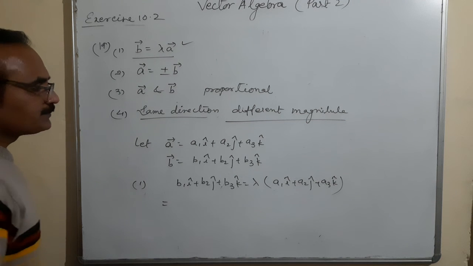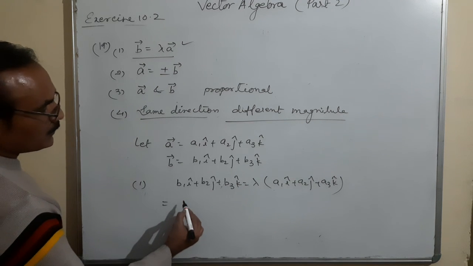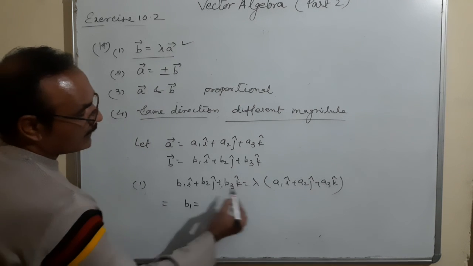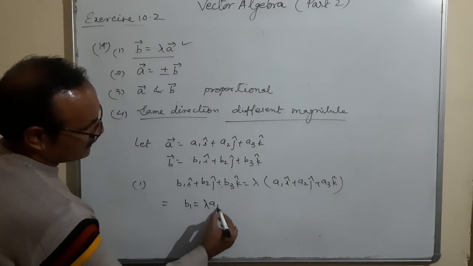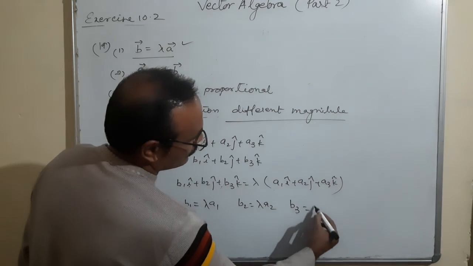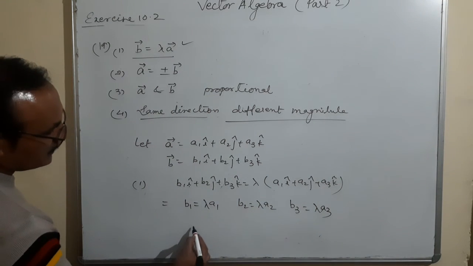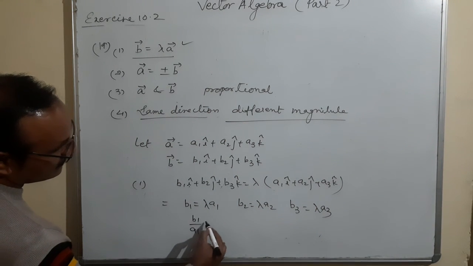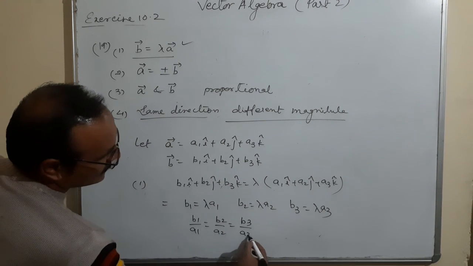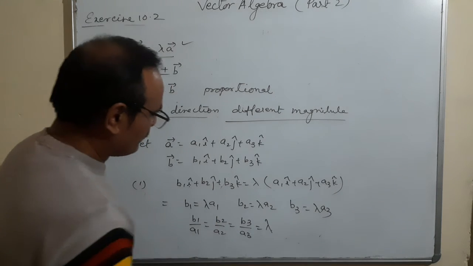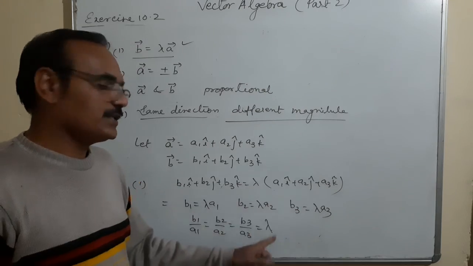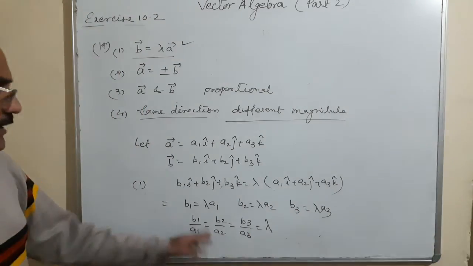Comparing, B1 is equal to lambda A1, B2 is equal to lambda A2, and B3 is equal to lambda A3. So B1 upon A1 is equal to B2 upon A2 is equal to B3 upon A3 is equal to lambda. This is the meaning of the proportionality.